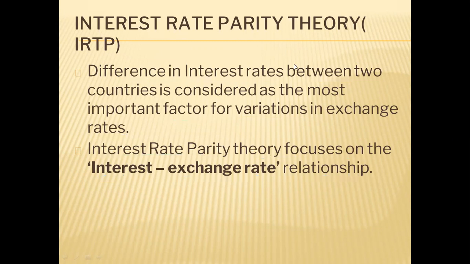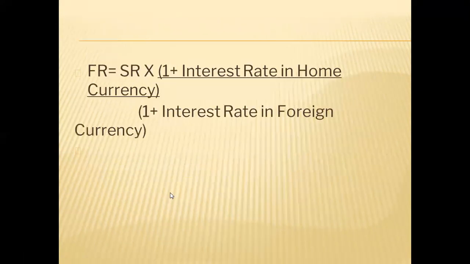How will we calculate the forward rate of a currency using this theory? There is a formula for calculating that. We have to calculate the forward rate. You take the spot rate and multiply it by 1 plus the interest rate in the home currency. Suppose the home currency is India. You should take the interest rate at present prevailing in India.